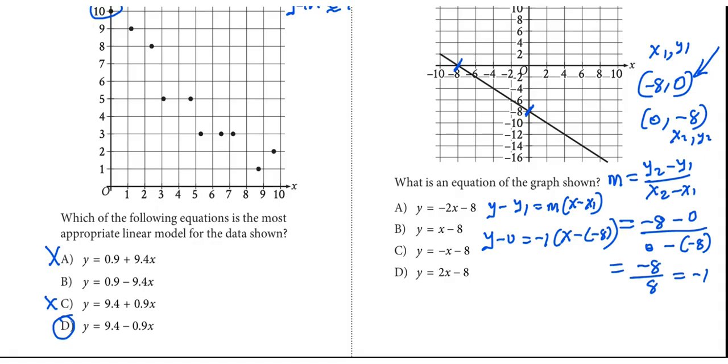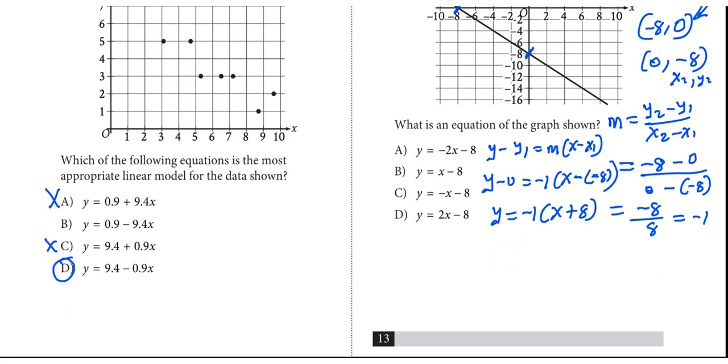So y minus 0 is y, equal to -1 times x plus 8, since negative would give us positive. Now if we clear the parenthesis, then -1 times x will give you -x, and -1 times +8 will give us -8. So y is equal to -x - 8. So the right option to this question would be C. I hope that makes some sense.